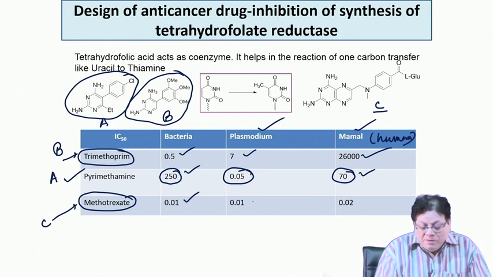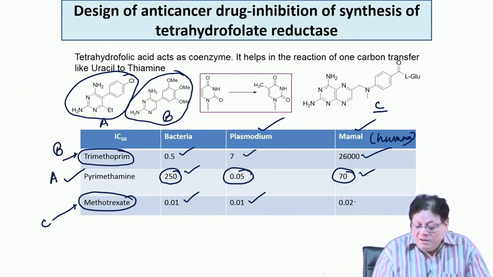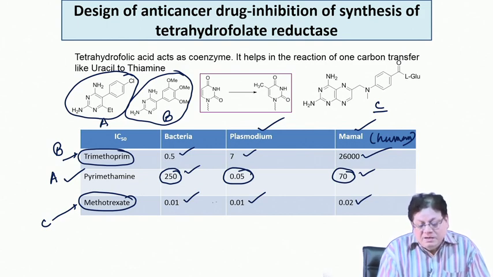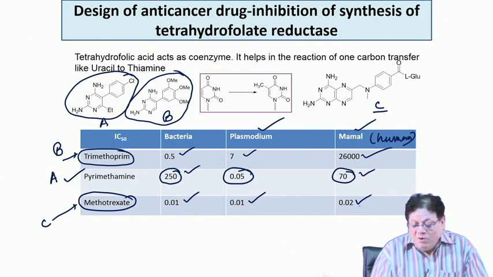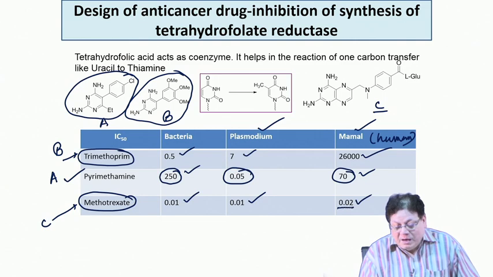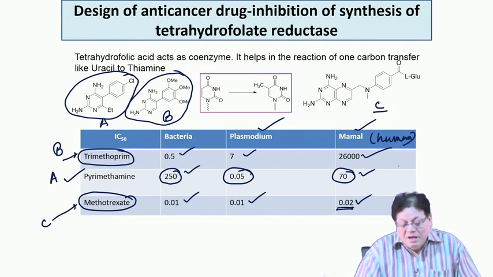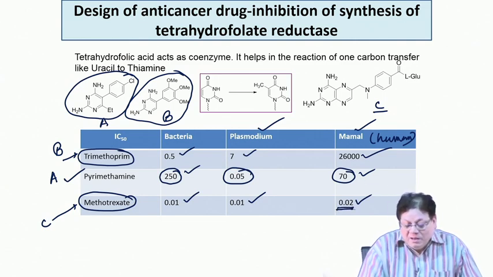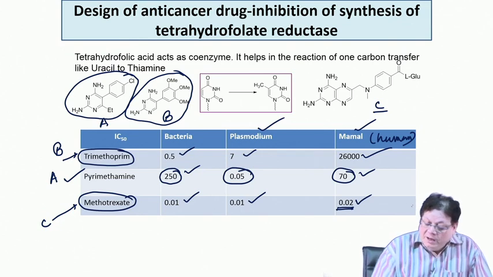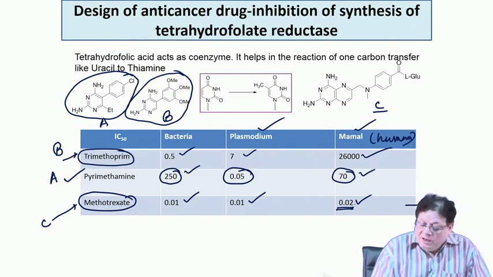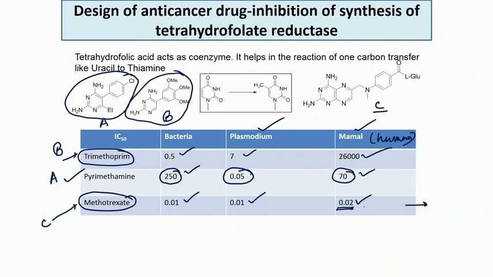0.01, this is also 0.01 and that is 0.02. So, it can act as an antibacterial agent, antiplasmodium agent, and also it can act against dihydrofolate reductase of mammals, and that gives rise to the effect. That means it kills the cells in the human body, especially the cells which grow very fast.